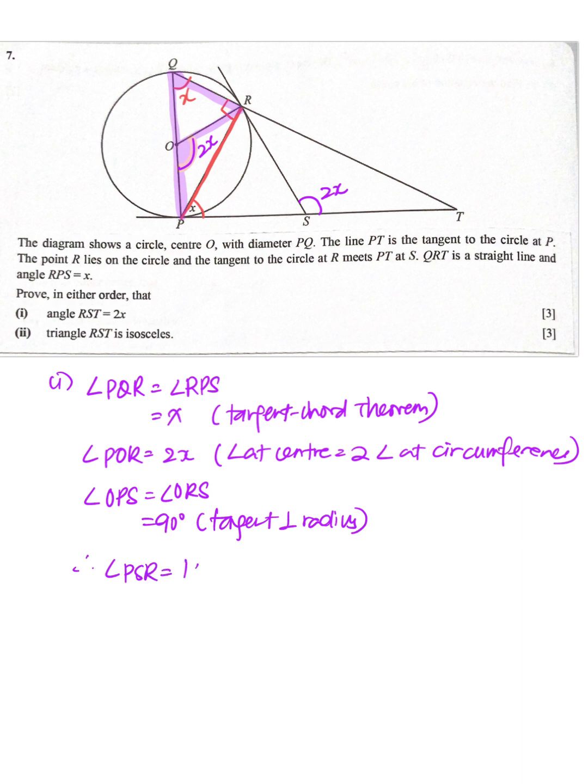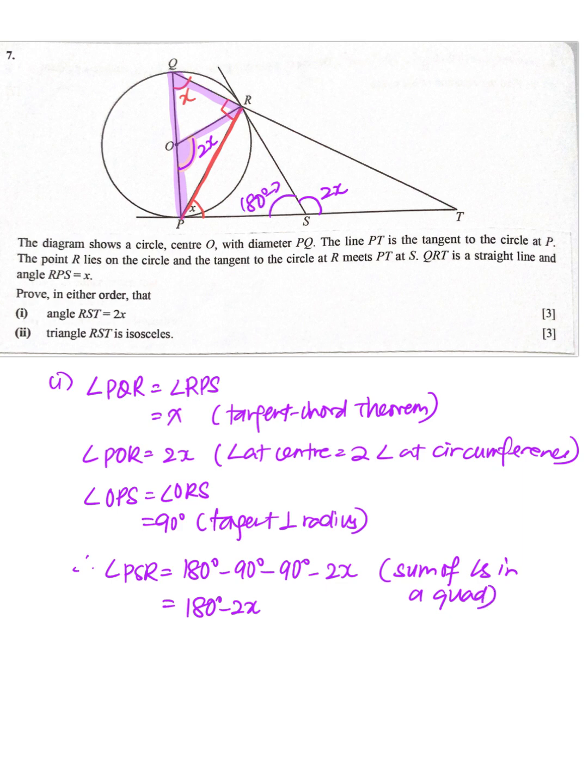So therefore, angle PSR will be equal to 180 minus 90 minus 90 minus 2x, which is equal to 180 degrees minus 2x. Why? Sum of angles in a quadrilateral. Since this is 180 degrees minus 2x, angle RST will be equal to 2x, adjacent angles on a straight line.